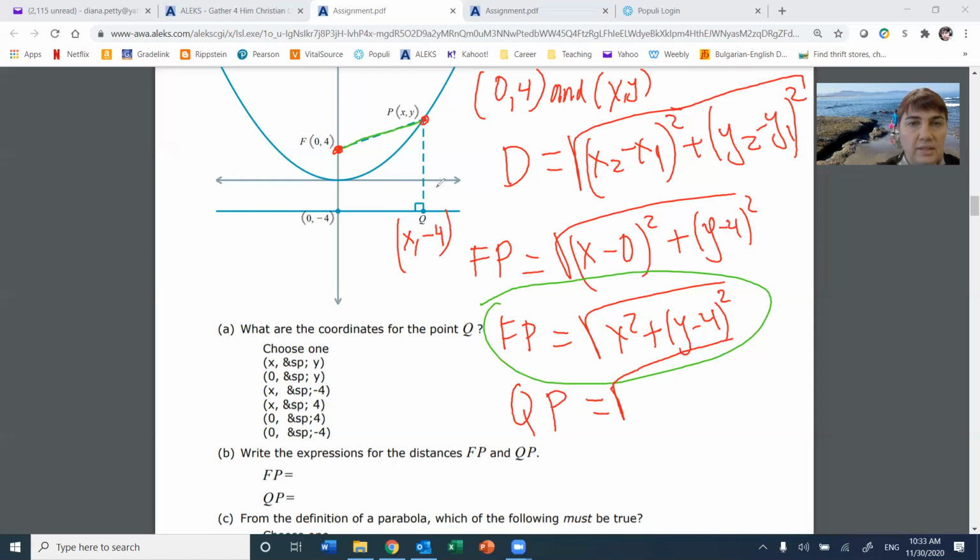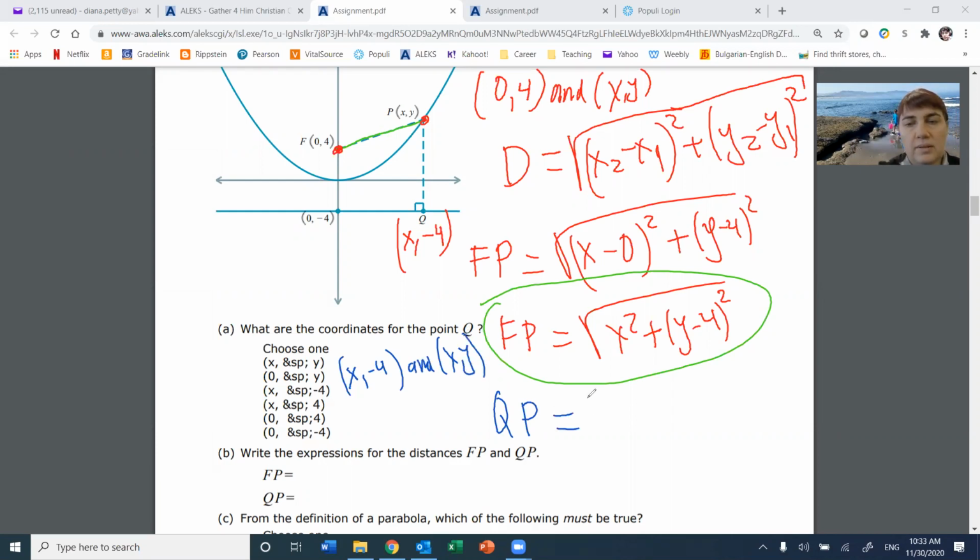Because we don't know what the x is, but we know the y is -4. Let's write it with blue. Now I want to find the distance QP, and it's between the points x, -4 and x, y. I just left the x, y as the second.